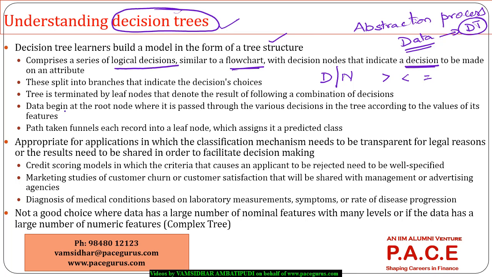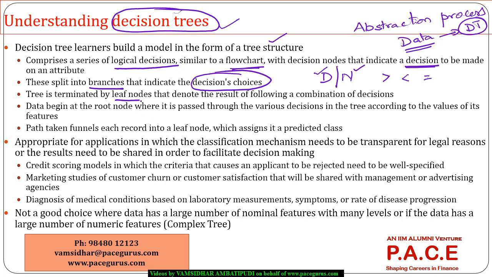So the whole data is split into branches, and for each branch I'm looking at the choice whether this particular branch is going to default or not.